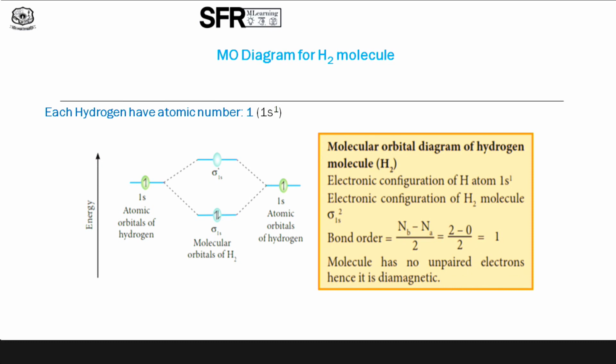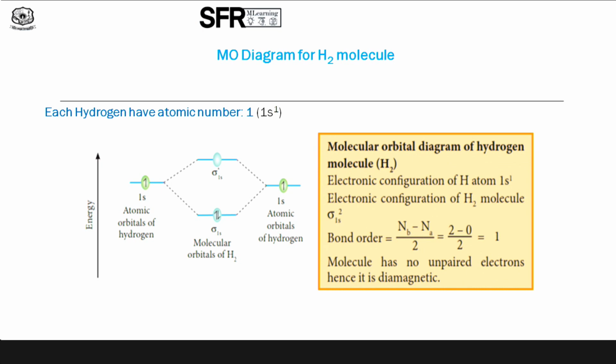When these two 1s atomic orbitals combine, they form two molecular orbitals: one bonding molecular orbital and one anti-bonding molecular orbital. The bonding is represented at the lower energy level and the anti-bonding at the higher energy level. Each hydrogen has one unpaired electron.